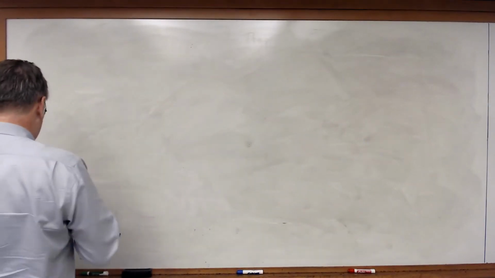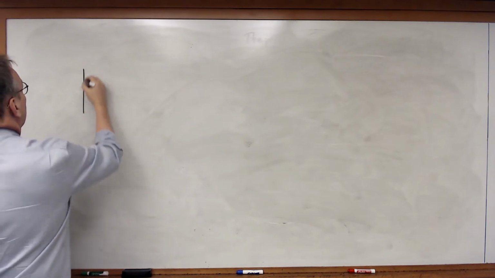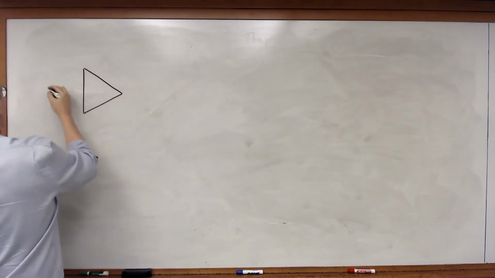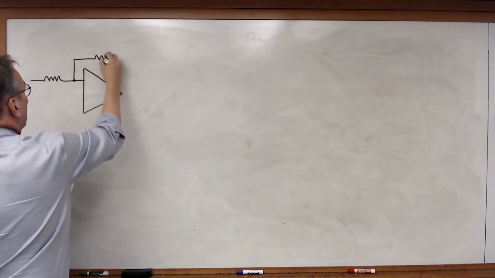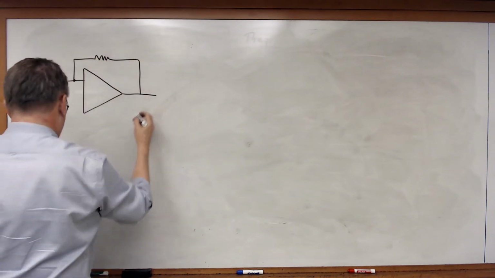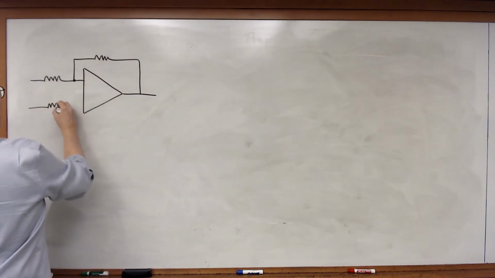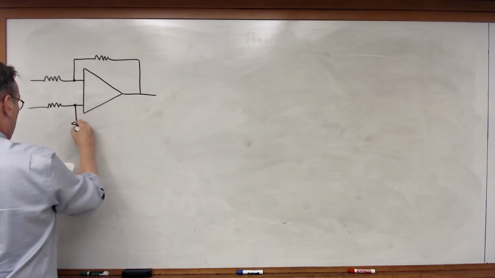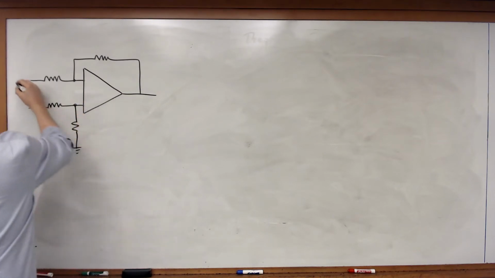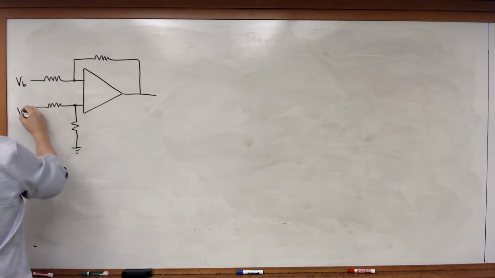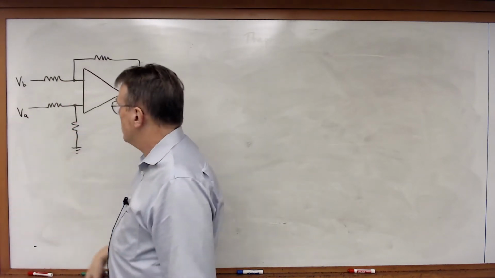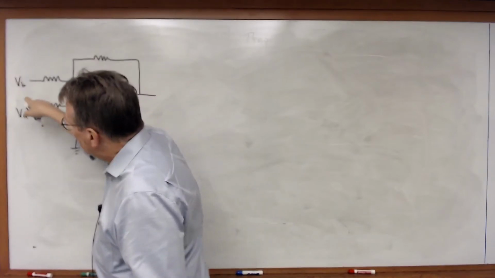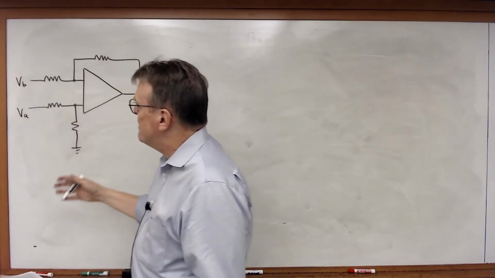What if I had a circuit like this? So I've got two voltages, VA and VB. So once again, the input sources are implied, but they're just not shown.